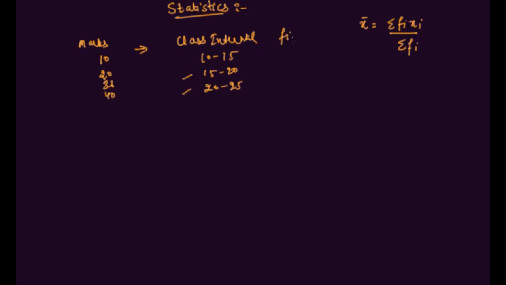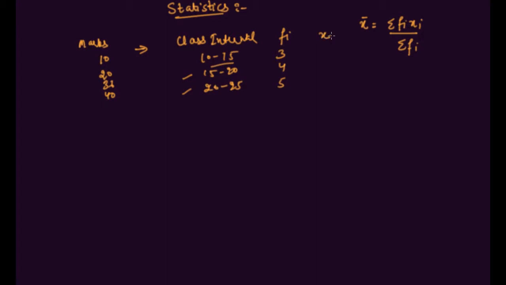We are also given the frequency, meaning the number of students whose marks lie in the interval. Let's say this is 3, 4, 5, and now we have to find the mean of the marks of students of a particular class.